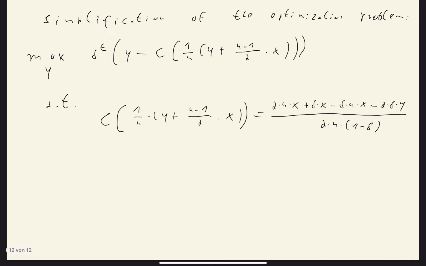And now to consider the first order condition. So we're taking the derivative of the objective function with respect to y. It's giving us the following: delta to the power of t times 1 minus 1 divided by n times c prime of 1 divided by n times y plus n minus 1 divided by 2 times x.